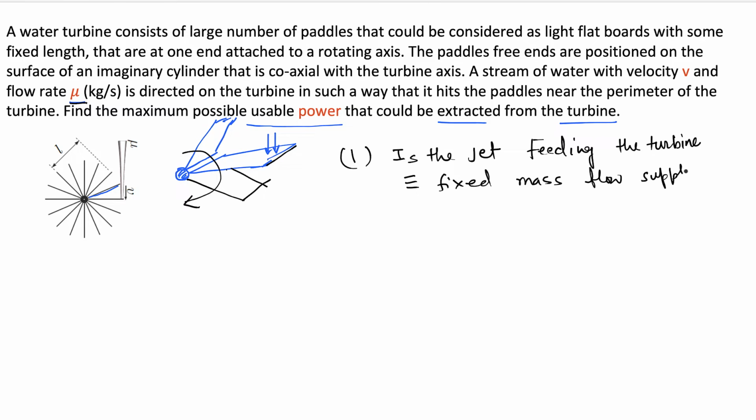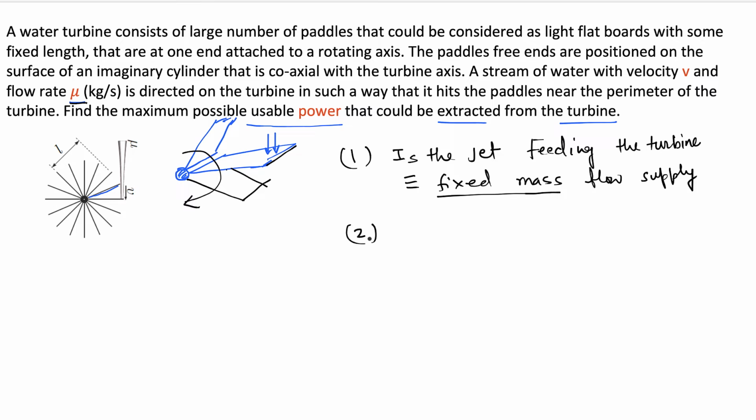So what does this mean? This means that irrespective of how the blades are moving and whatever speed at which blades are moving, these jets are actually providing a constant fixed mass, okay, all the time. So this is one part.